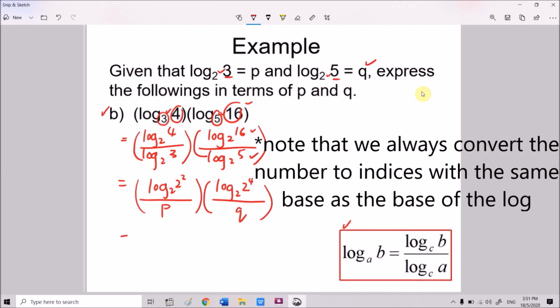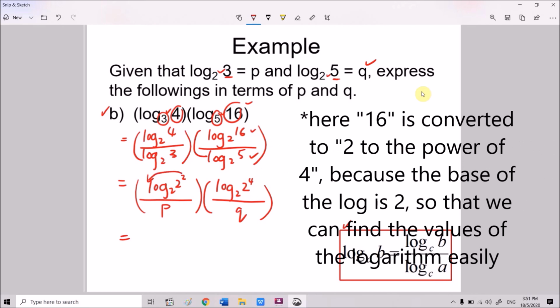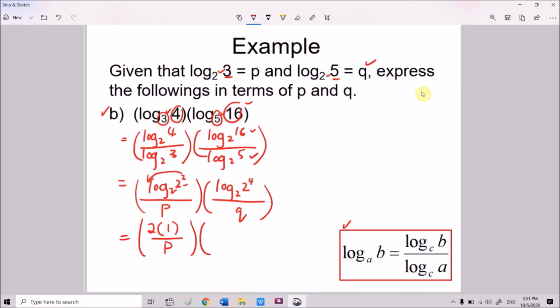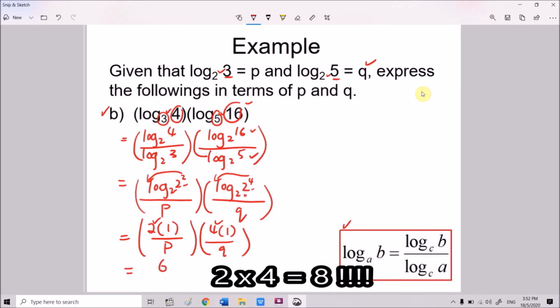If we bring a 2 here, you have 2, and log base 2 of 2 is 1. If we bring a 4 here, log base 2 of 2 is 1, over q. And you have 2 times 4, you get 8. p times q, you get pq.